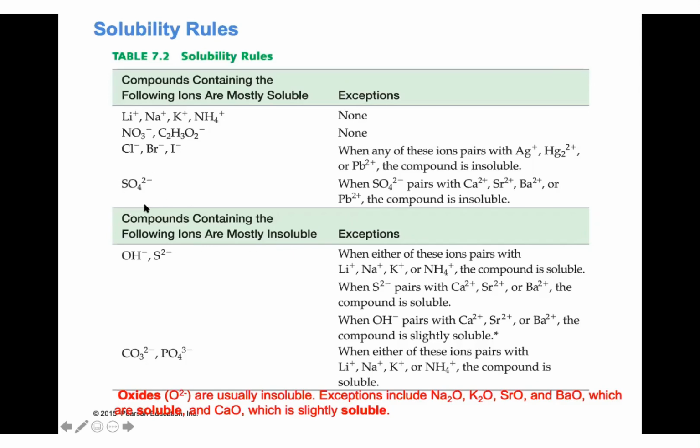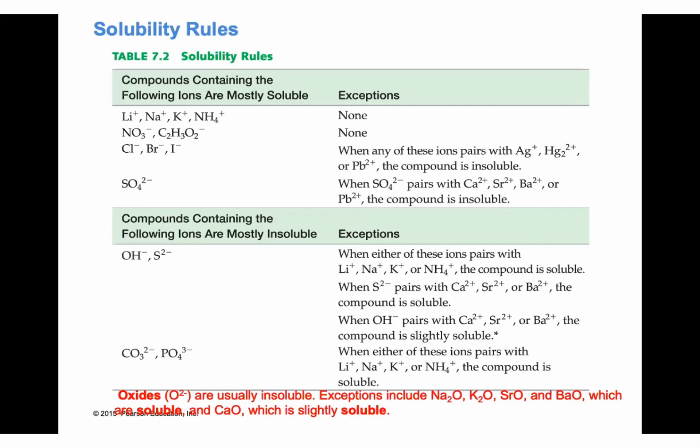What about sulfate? All sulfates are soluble except when they pair up with these ions. For example, CaSO4 is solid. SrSO4 is solid. But, for example, Na2SO4 is aqueous.